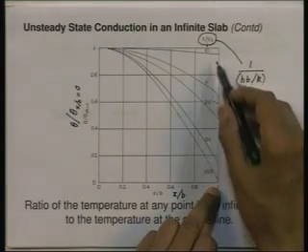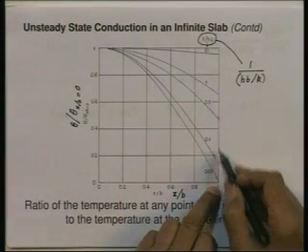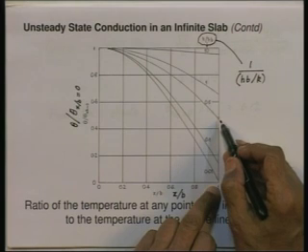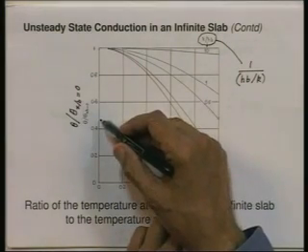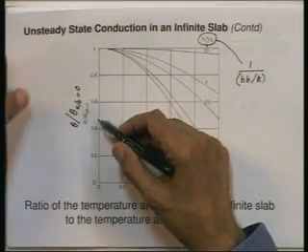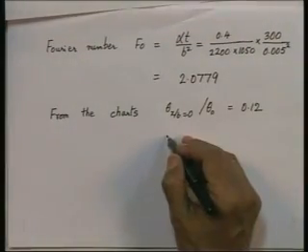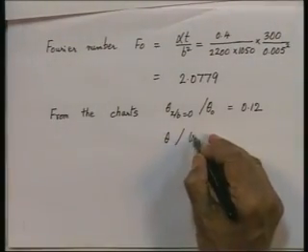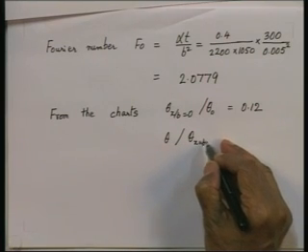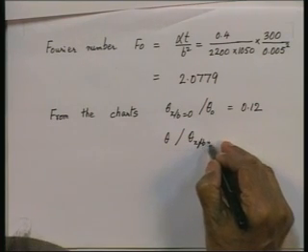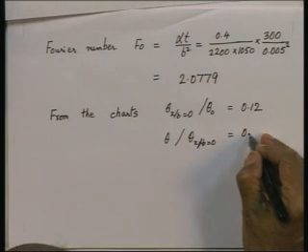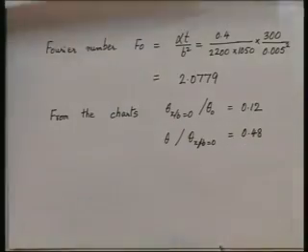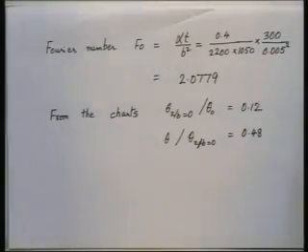So, we go on this line x by b equal to 1, go up till you get 1 upon hb by k equal to 0.533, which is approximately somewhere here. Go horizontally and you will get theta divided by theta at x by b equal to 0 equal to 0.48. So, these are the two values which we got for this problem from the charts.